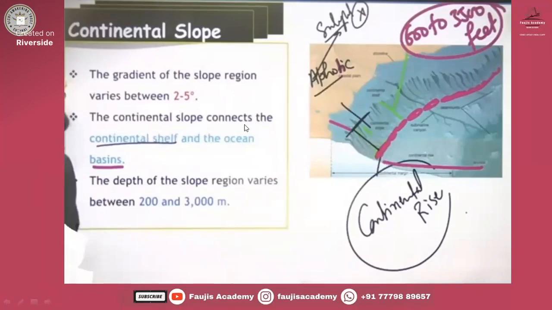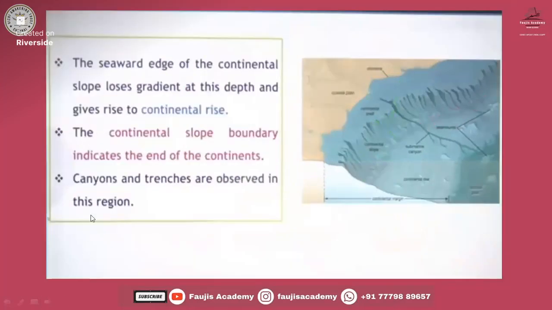The continental slope connects the continental shelf and the ocean basin, and the depth will be 200 to 3000 meters. The continental shelf was wide up to 70 to 80 kilometers with depth only up to about 60 meters, and here in the slope we have depth of 200 to 3000 meters. So that was about the slope part.